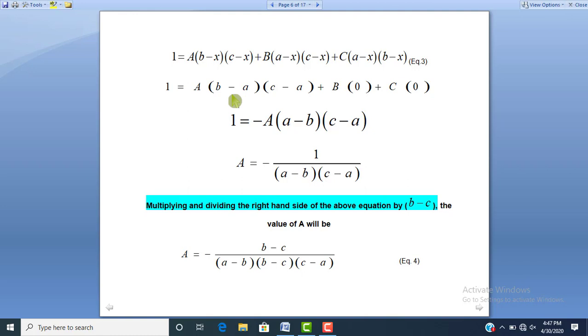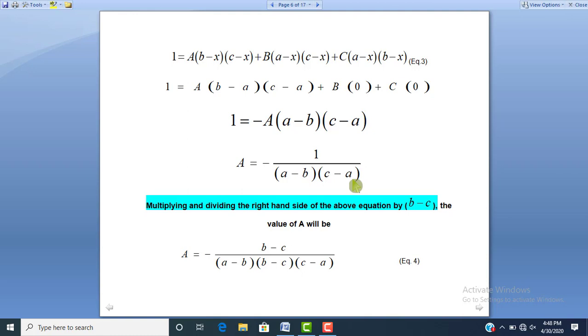When we reverse the equation or multiply with -1, then it became a minus b. So 1 is equal to minus a into a minus b into c minus a. So by dividing a minus b and c minus a with 1, the value of a is minus 1 over a minus b into c minus a.